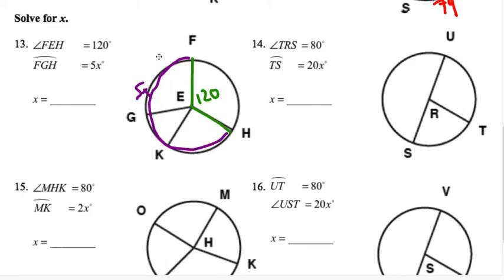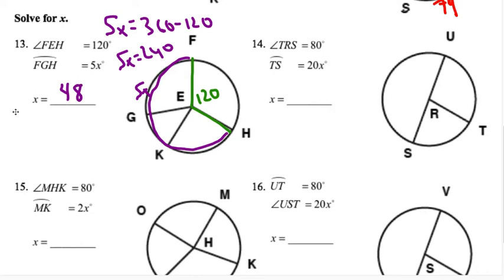We know that this arc, the 5x arc, is equal to what? 360 minus the 120. So that means that 5x equals 240. And if we divide both sides by 5, we get 48 is what x equals. They just want x, we're done.